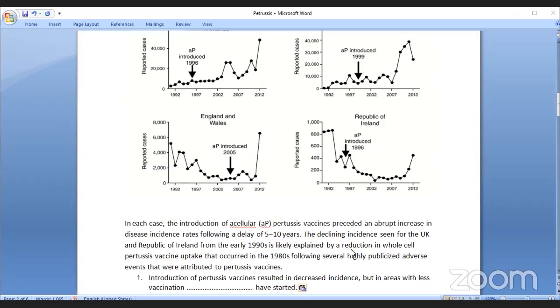But in areas with less vaccination, which areas with less vaccination? Declining incidence seen for the UK.